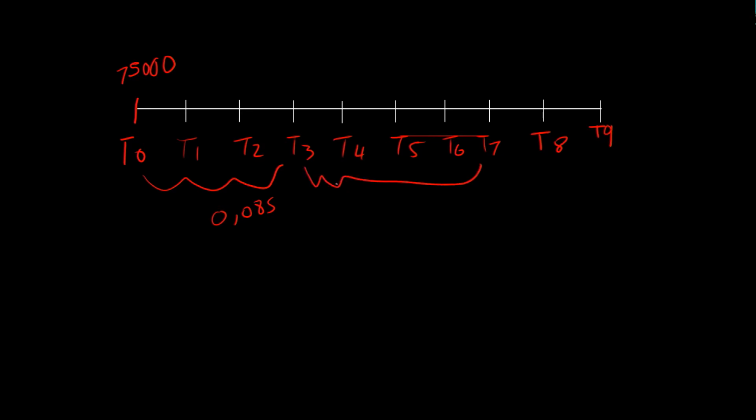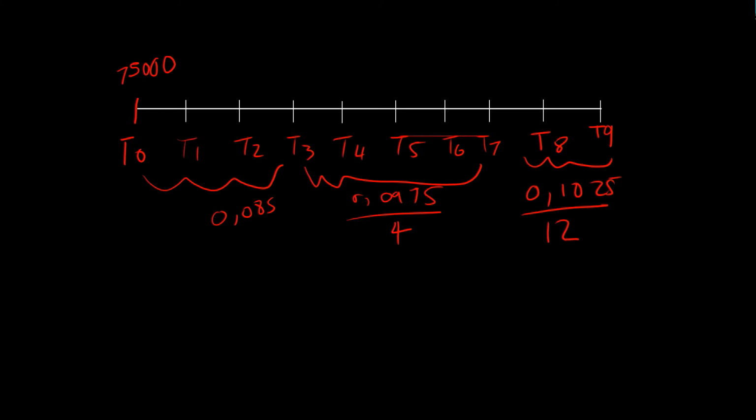So for there, we've got 0.0975, and we're going to divide that by 4 to show that our compounding is now quarterly. And then for the last 2 years, 0.1025, and this is monthly. So we're going to divide our interest by 12.